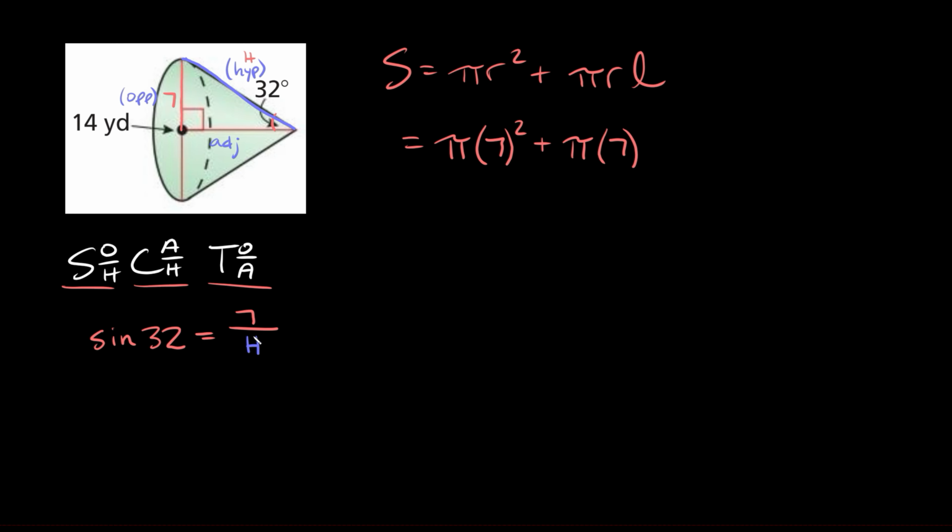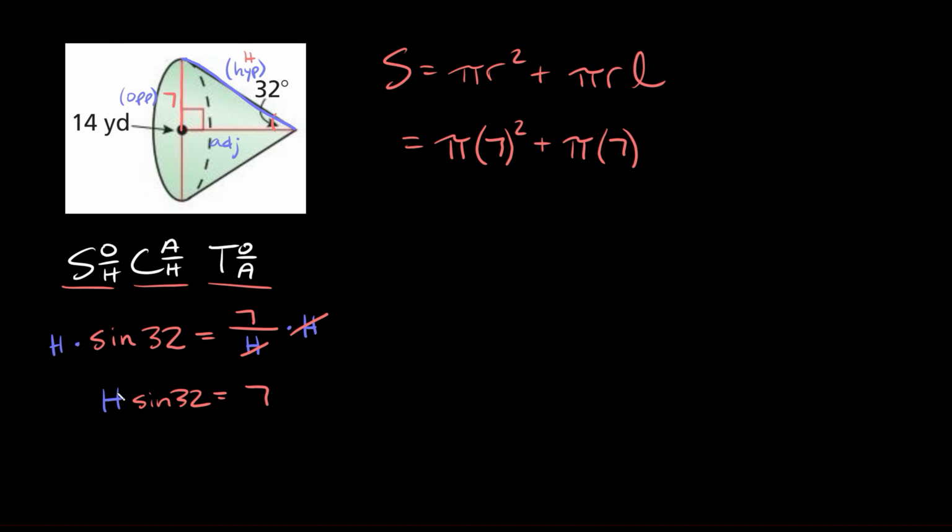In order to solve for h, the first thing we want to do is move it to the numerator, so we multiply both sides by h. Over here, they kill each other, and we're left with 7 on this side, and that's equal to h times the sine of 32.